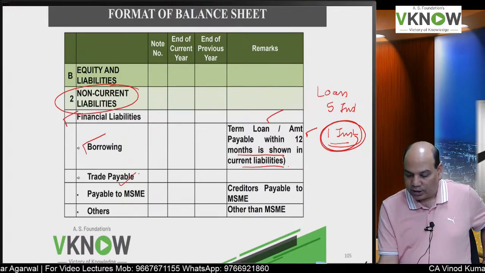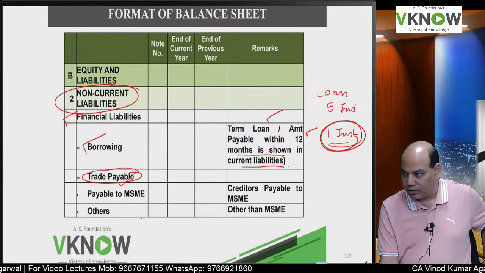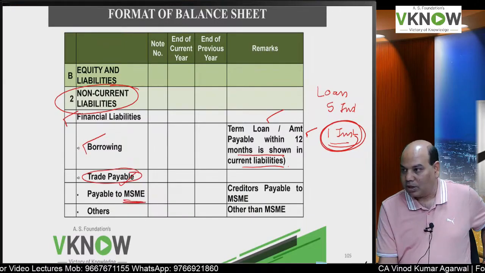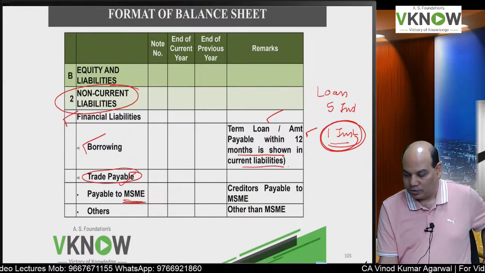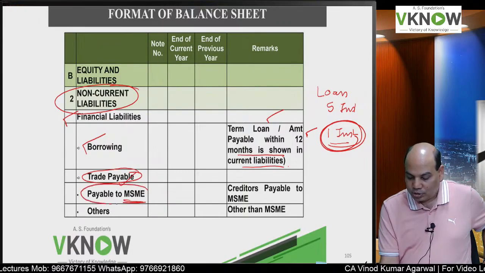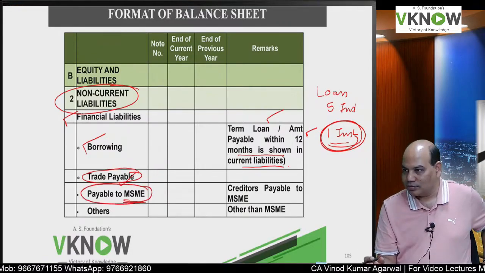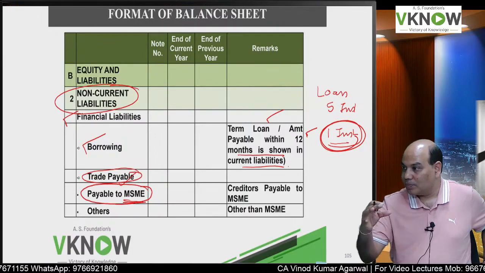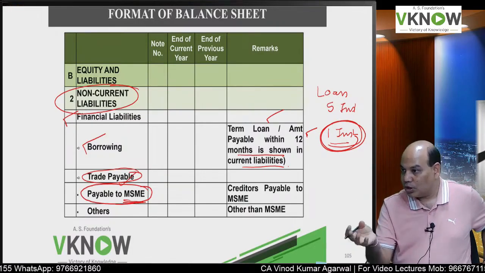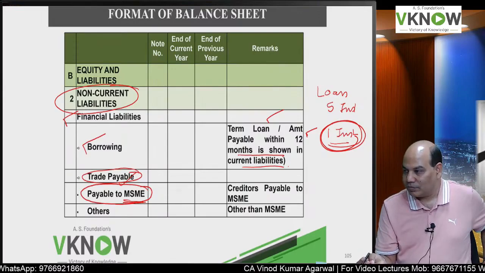Now you have to divide the trade payable into two categories. Payable to MSME, micro, small, medium enterprise. Many companies don't pay MSME, their money is getting blocked. So they have a liquidity problem. The big companies are enjoying, small companies are suffering.